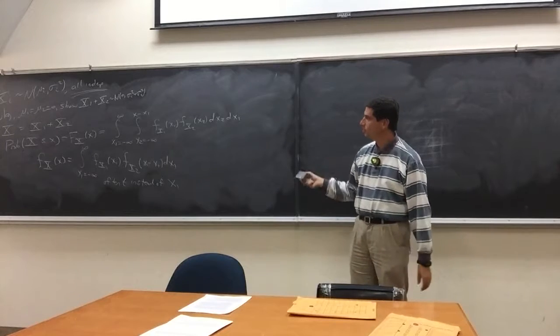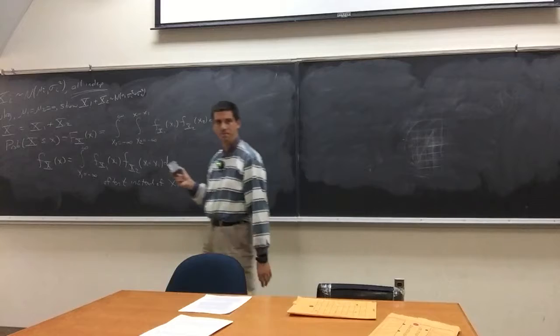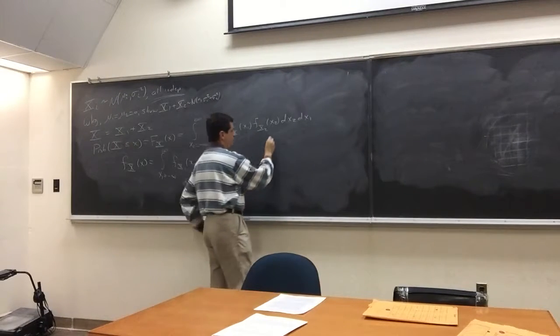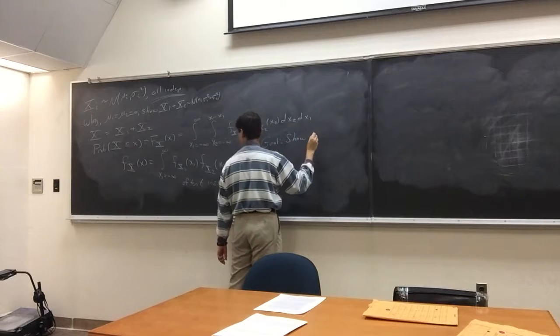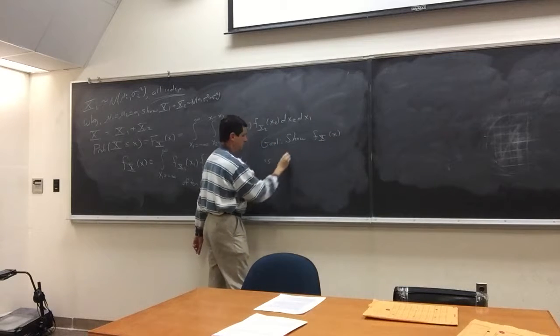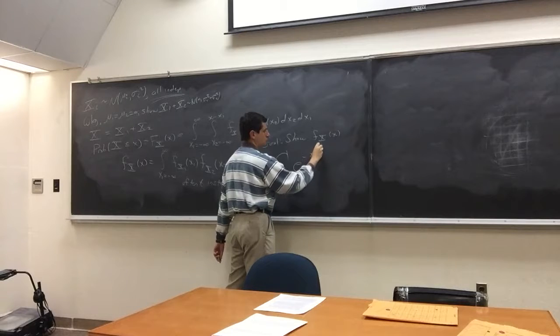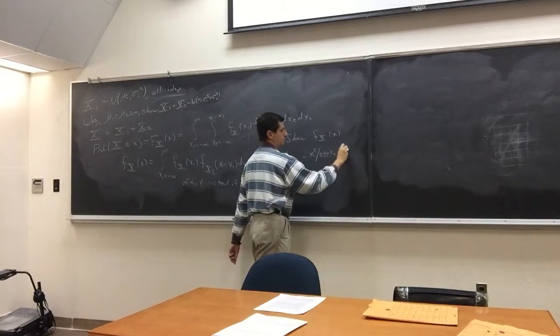I want to show it's the normal with mean 0 and variance sigma 1 squared plus sigma 2 squared. So the goal is to show f of x of x is some constant c times e to the negative x squared over 2 times sigma 1 squared plus sigma 2 squared.